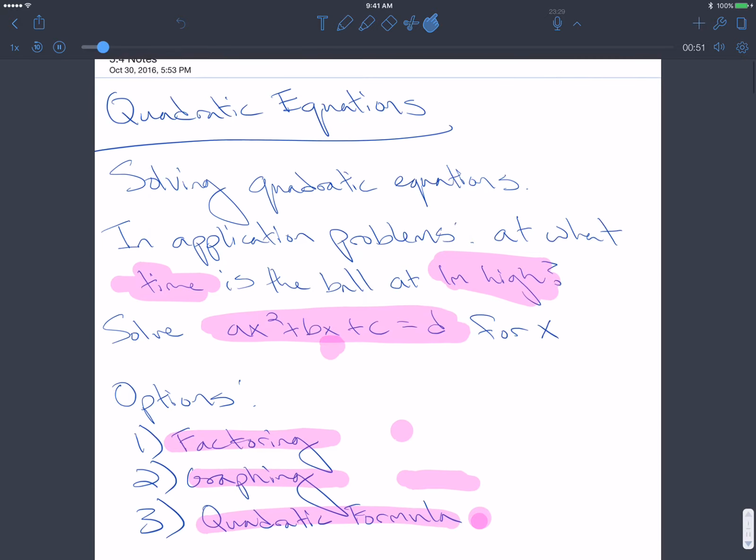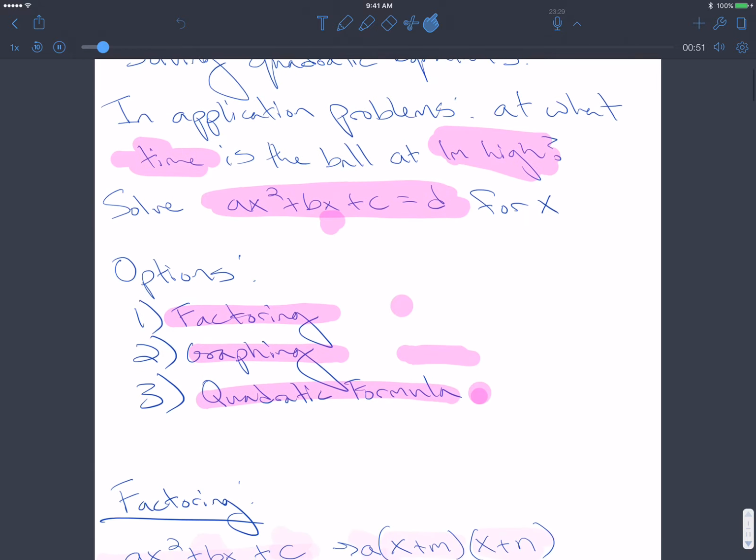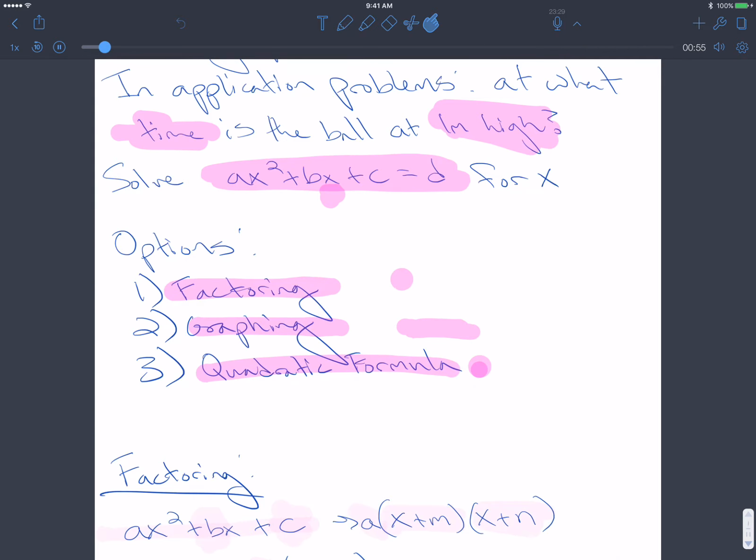Factoring, you've seen before. You're looking for some values that, when multiplied, will get you the quadratic. So if I have ax squared plus bx plus c, I'm looking for that a value pulled out in front times some x plus m and some x plus n.